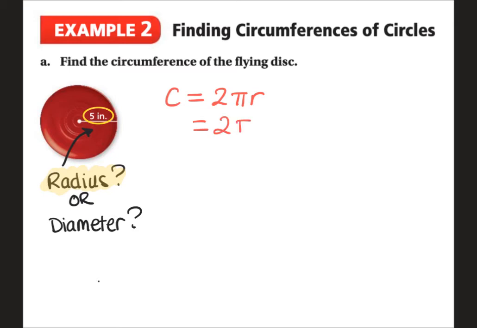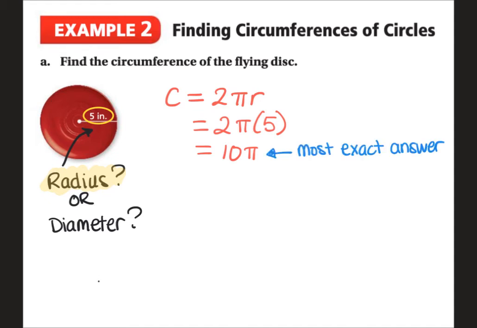I have 2 times pi, and I'm going to change this for my radius, which is now 5, which is going to give me 2 times 5, which is 10 times pi. Because in multiplication the order doesn't matter, I can do 2 times 5, and I get 10 pi. Now if we leave our answer like this, it would be the most exact answer that we can give. But we can also use our calculator and determine what the decimal number is for this.